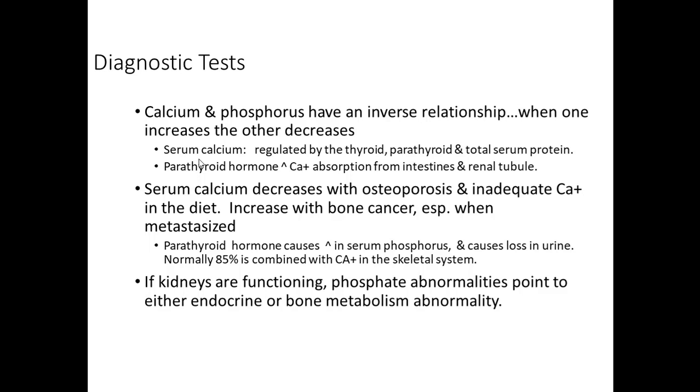The calcium obviously is regulated by the thyroid, parathyroid, and protein in the blood. Calcitonin and the parathyroid hormone basically work together to keep the calcium levels and the phosphorus levels stable.